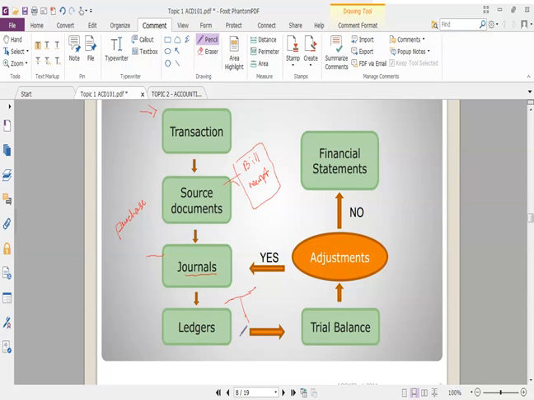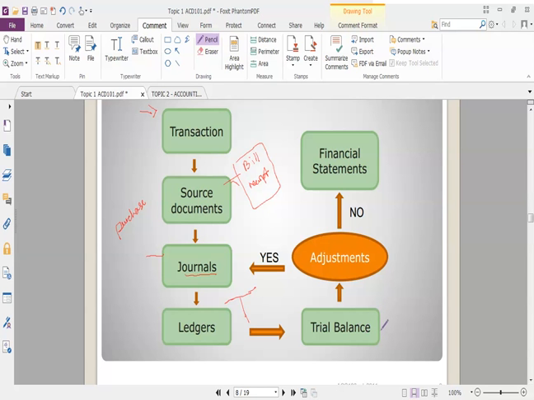After we are done with the ledgers, we must post all the amounts from the ledgers to the trial balance. So how much is the purchase for the overall business in that month? Then we must conduct the trial balance.